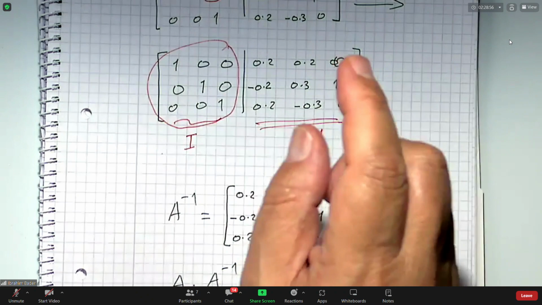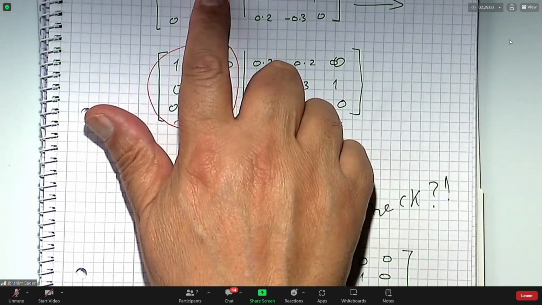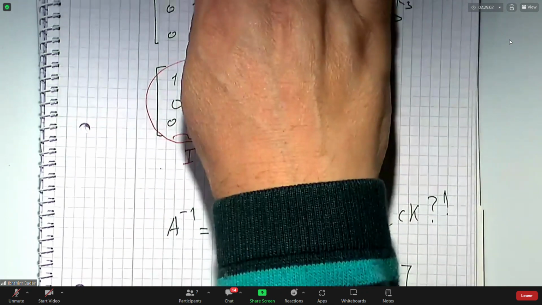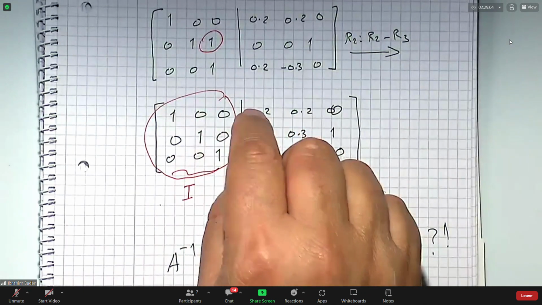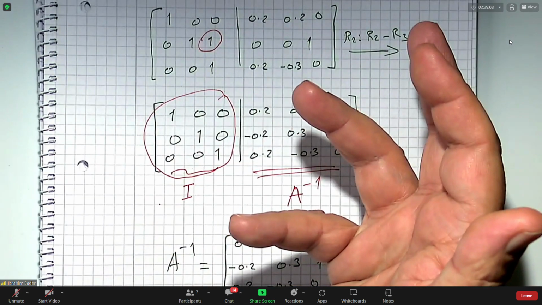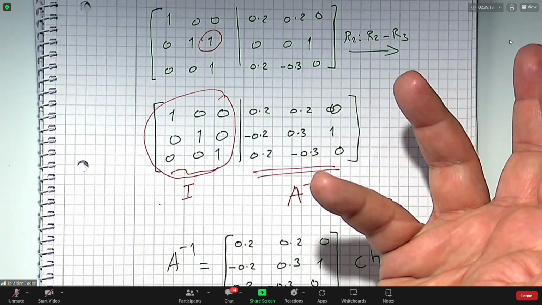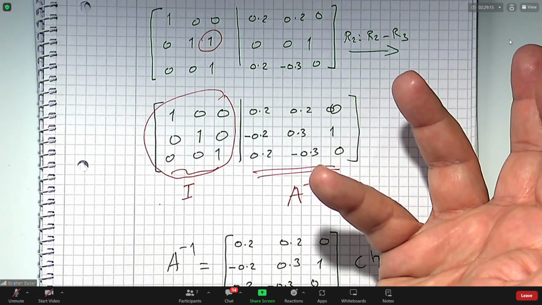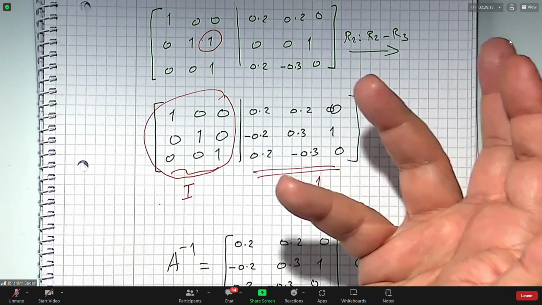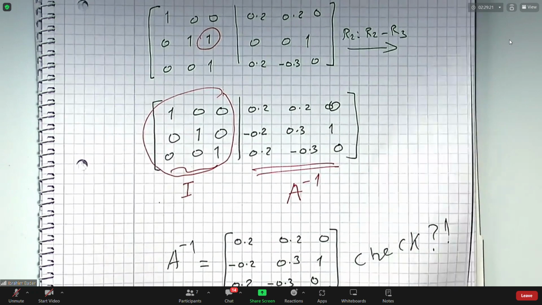So for instance, here I just subtracted these two because 1 minus 1 will give me 0, which is my goal here. So each step you need to bear in mind, I'm going to eliminate this element. Which rows do I need to use? What do I need to multiply? Which operation do I use, addition or subtraction? Okay, so no questions. So let's move to our final example for today.